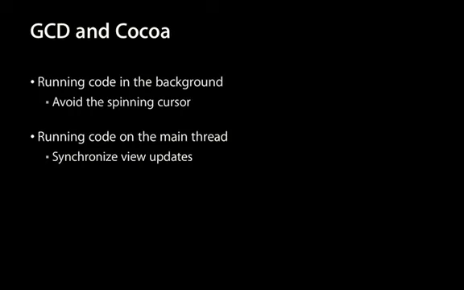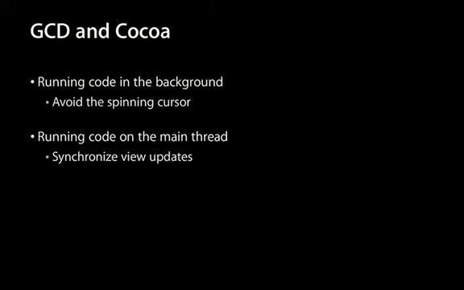So to start off with multi-threading, we wanted to do a high-level summary of GCD and Cocoa, how they work well together, some of the existing Cocoa patterns you might be used to, and how that translates to GCD. With Cocoa, and all the event processing and UI drawing happening on the main thread, running code in the background by itself is a big win, even without additional concurrency.